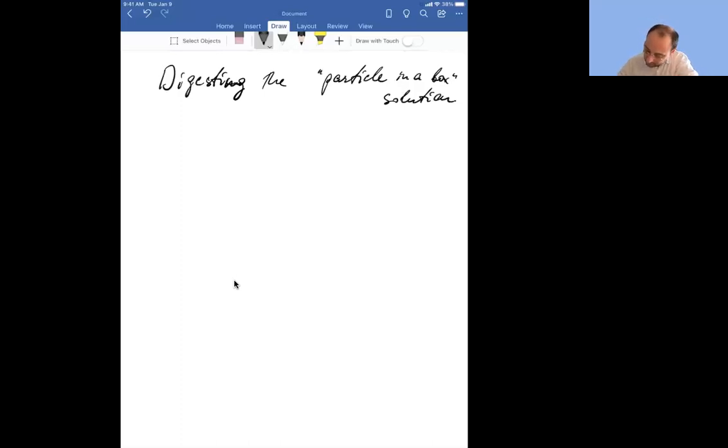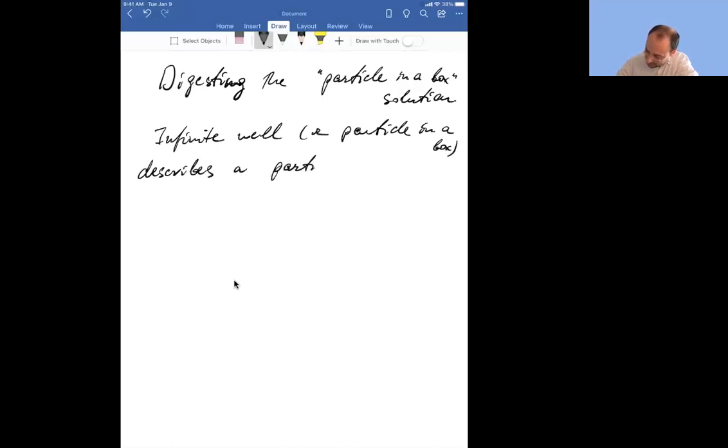So infinite well, or particle in a box, describes a particle that is confined within a region.